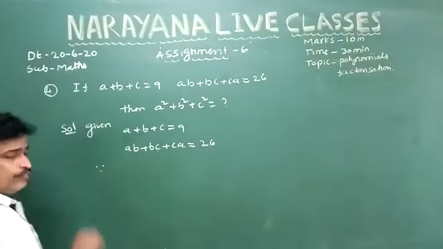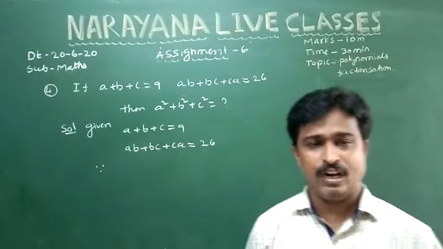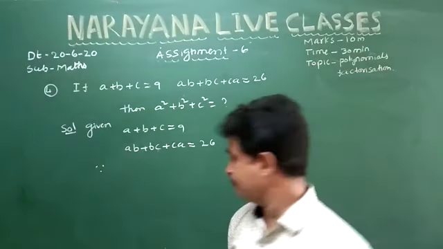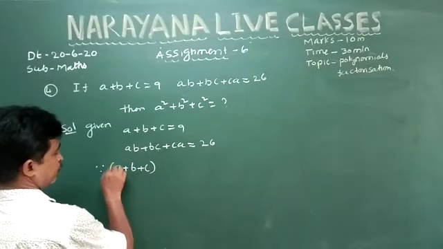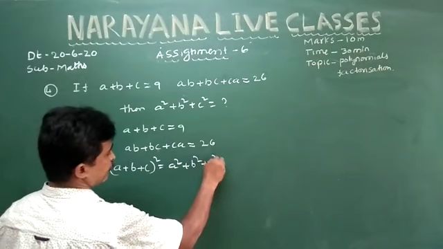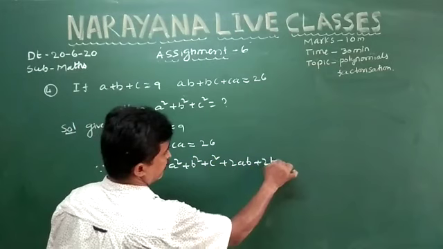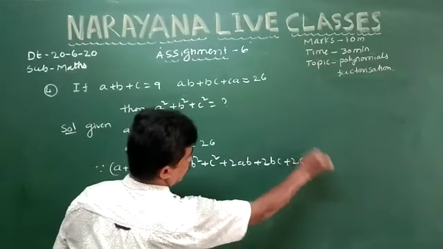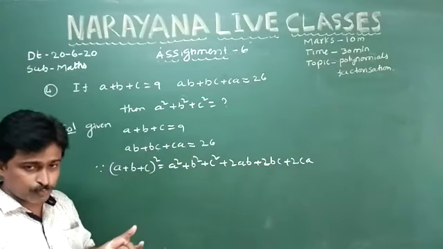We know very well the formula of a plus b plus c whole square: a plus b plus c whole square is equal to a square plus b square plus c square plus 2ab plus 2bc plus 2ca. Here I use this formula to solve this problem.